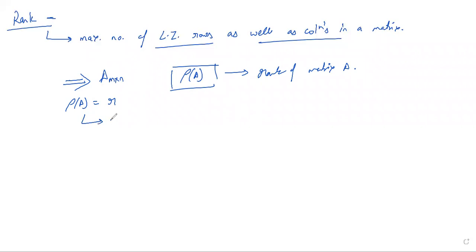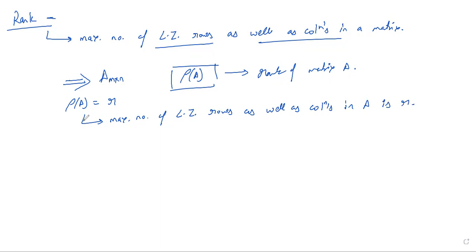It means that the maximum number of linearly independent rows as well as columns in A is r.